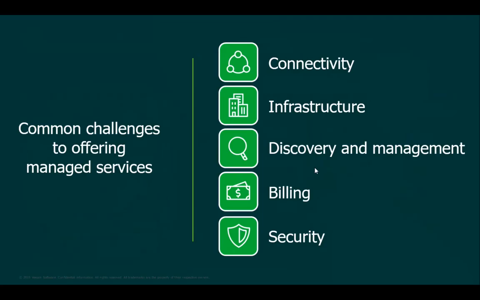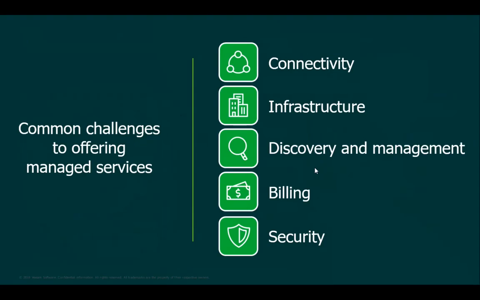So the common challenges which each managed service provider faces is, first of all, connectivity, right? Connectivity means you need to connect with an end customer on premise, with the end customer data center, and you need to manage that. So connectivity becomes the prime challenge for them.